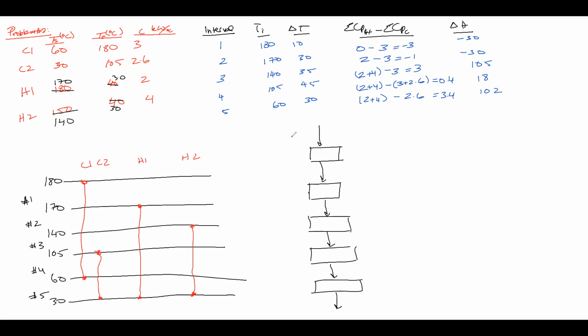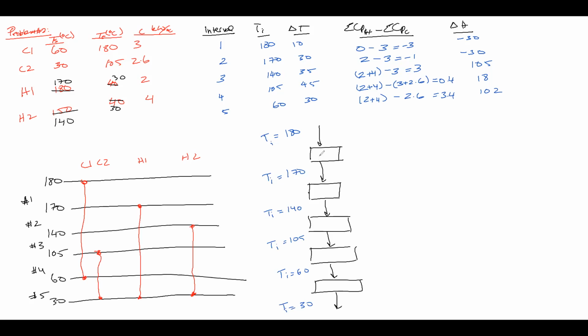So my initial temperature in this case is 180, and then it's 170. Let's call them TI. You can call them T1, T2, doesn't matter. 140, 105, 60, and then the last one is 60 minus delta T. So this is 30.